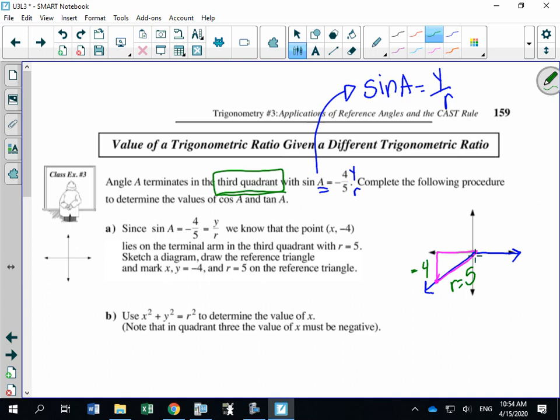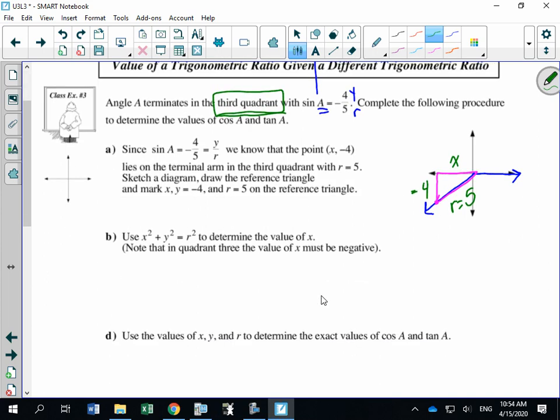Okay? And that makes sense, right? If I said, well, in quadrant 3, what would my y values be? All of my y values in quadrant 3 are negative. So what are we missing? We're missing what x is, right? And we're going to need to solve for x. Okay, so how do we do that?